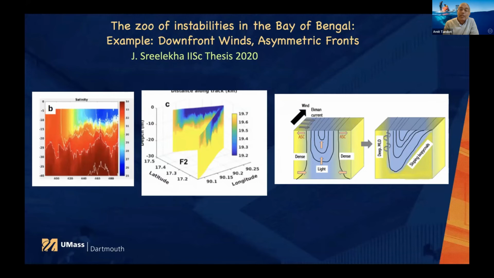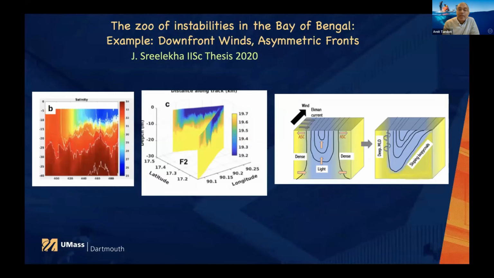Whereas on the eastern side, the wind forcing will force an Ekman current, which will spread lighter water over the heavier water, thus leading to this asymmetry. So you're going to have sloping isopycnals on the right-hand side being squeezed into thinner and thinner mixed layers until they get well mixed, and that'll lead to some limit on the eastern side, whereas on the western side you'll get these deep mixed layers.